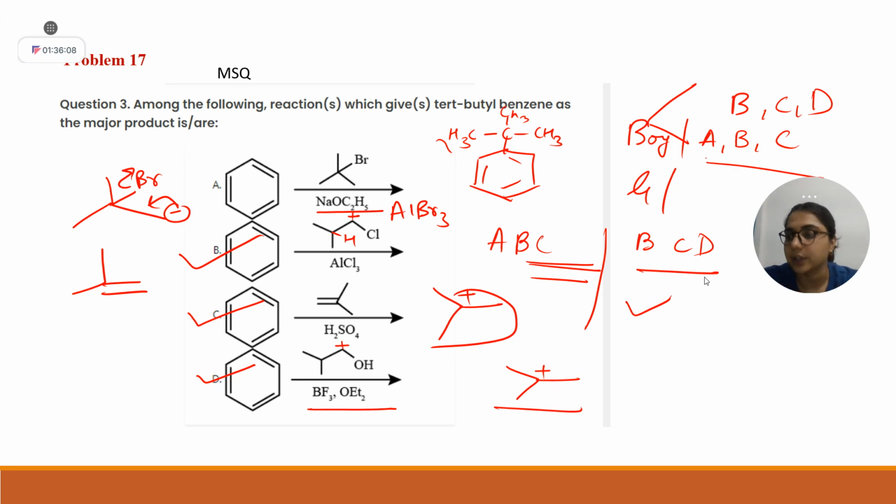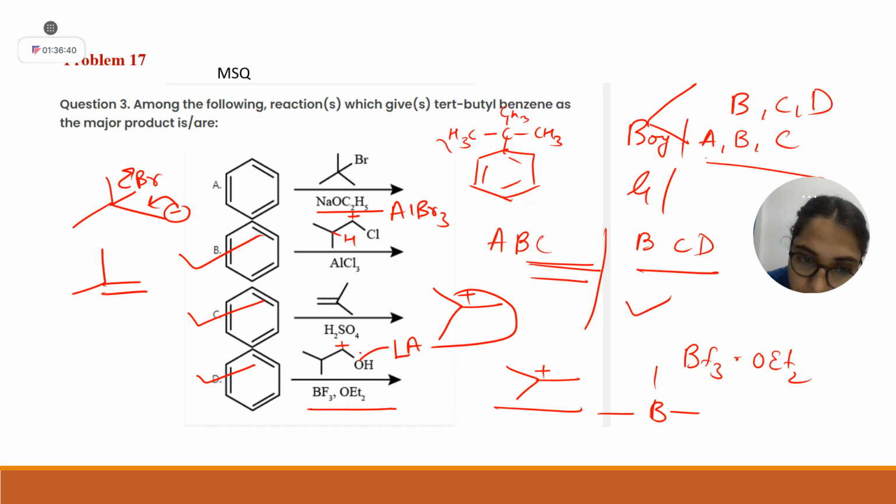Okay. See, BF3 etherate, BF3·OEt2. This is just a complex, but you should know boron is an electron deficient species, because 6 electrons are there, right? Boron is electron deficient. It will coordinate with your OH, as a Lewis acid, right?